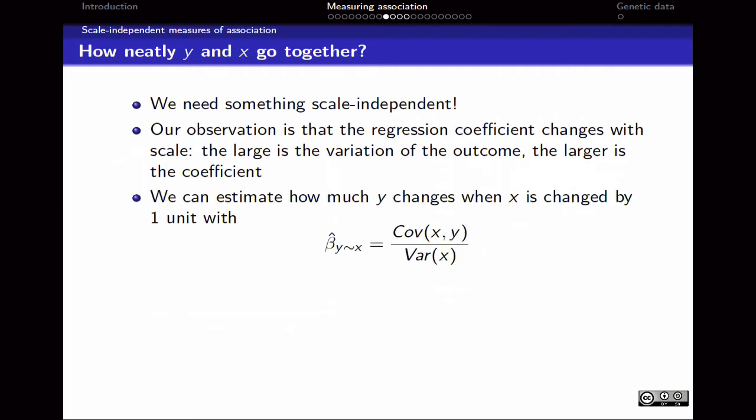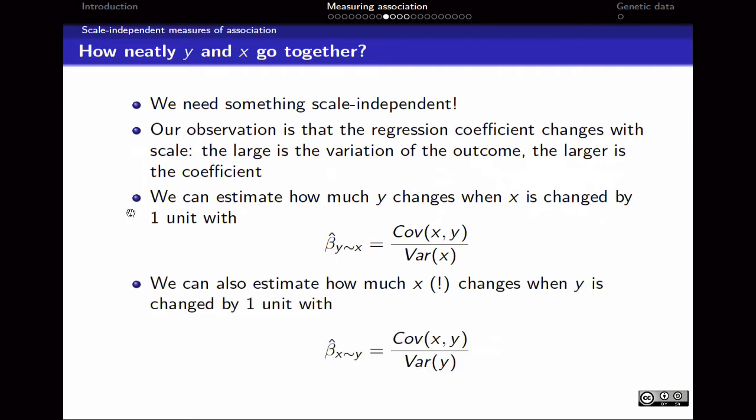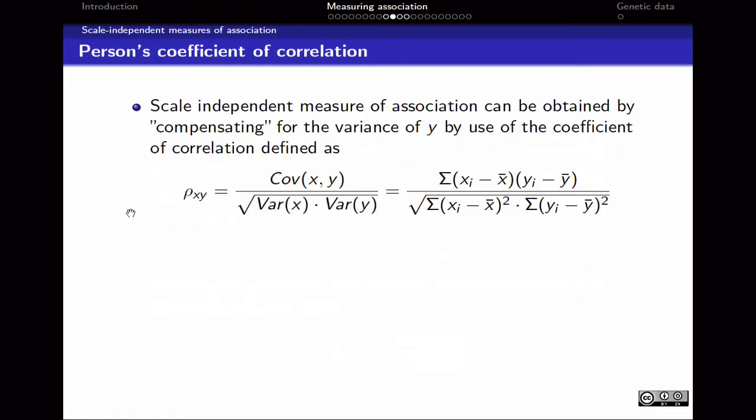We can estimate how much y changes when x is changed by 1 unit with the regression coefficient of y onto x, but we can also estimate how much x changes when y is changed by 1 unit by this formula. So the idea would be that a scale-independent measure of association should contain both the variance of x and the variance of y in the denominator.